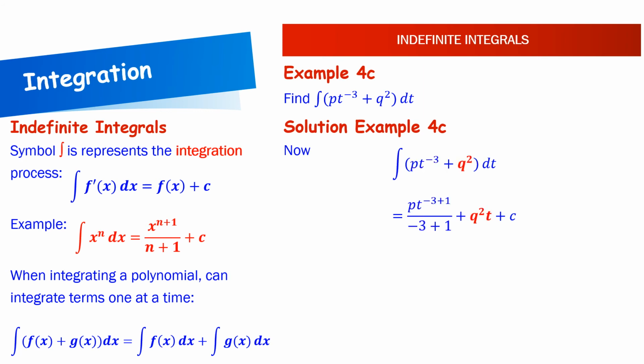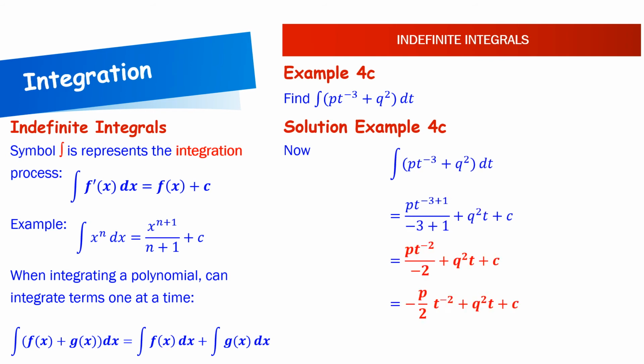And the constant q squared integrated with respect to t simply becomes q squared t. And tidying up, and finally tidying up some more gives us minus p over 2 t to the minus 2 plus q squared t plus the constant.